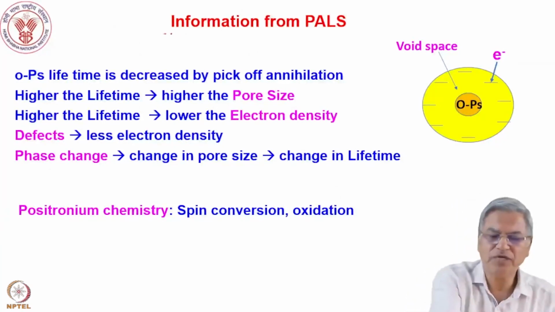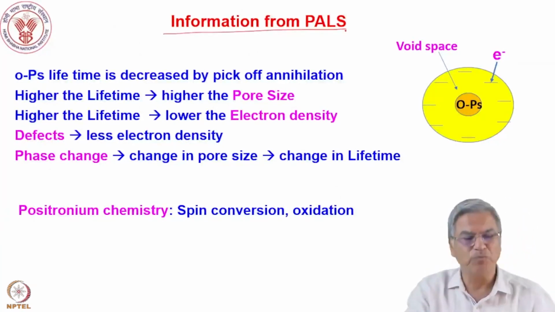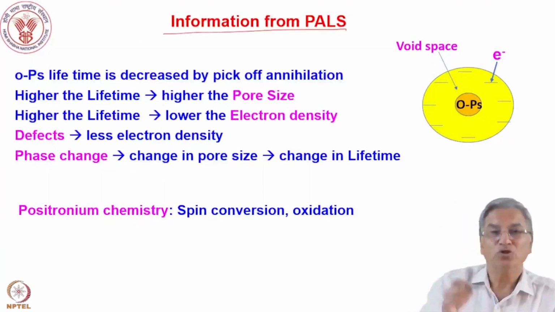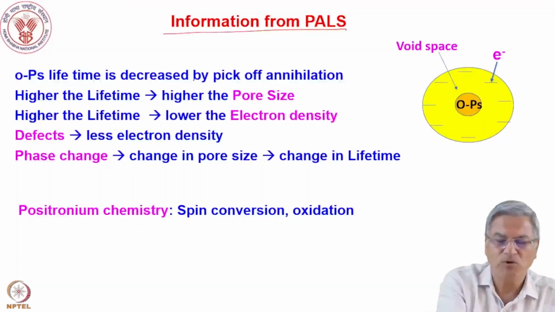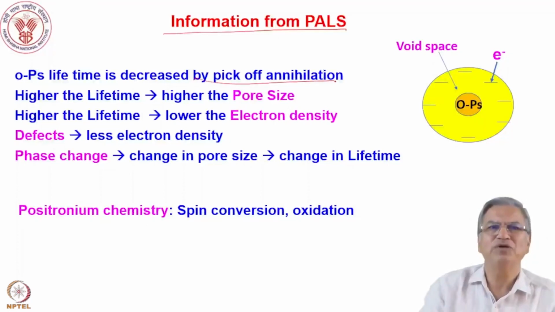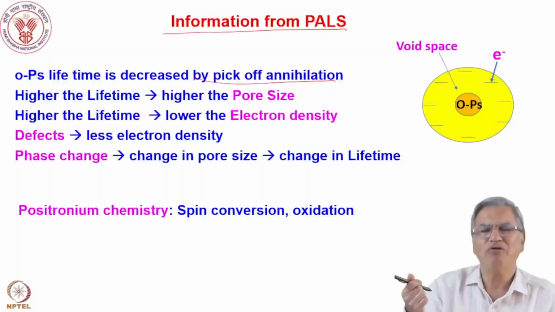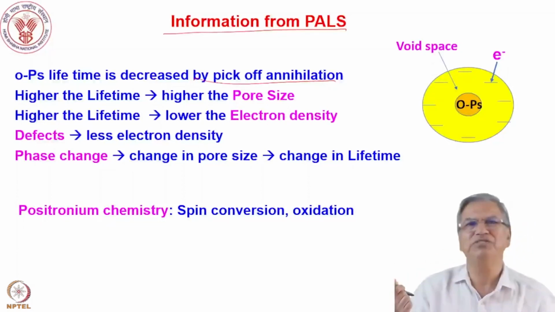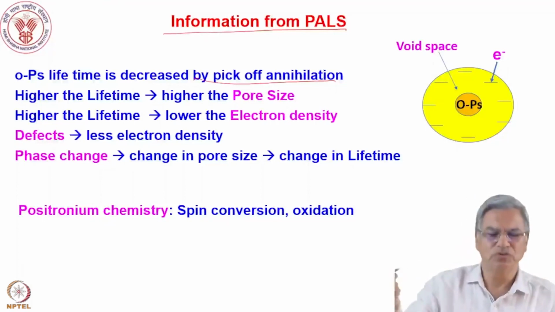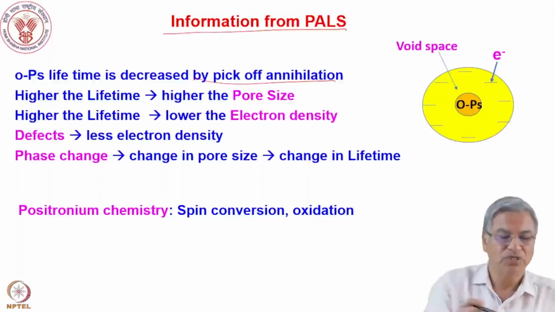So what information do you get from positron annihilation lifetime spectroscopy? The orthopositronium lifetime of 140 nanoseconds is decreased by pick-off annihilation. That means when you have an orthopositronium where the electron and positron spins are parallel, an electron can be picked up from a chemical species, and it will annihilate with another electron.